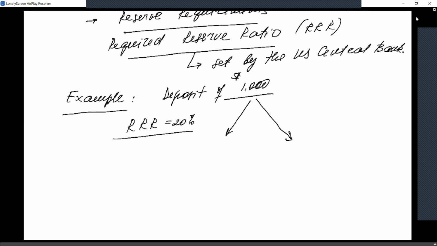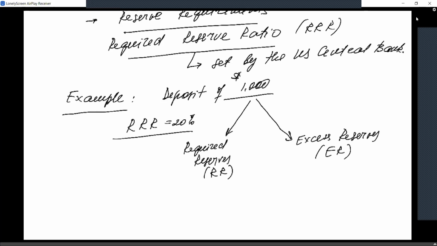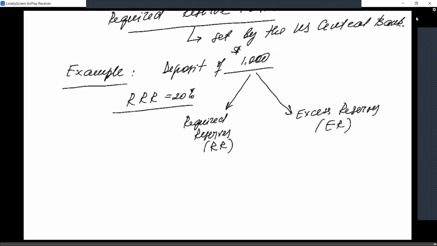into required reserves and excess reserves. We're going to call them RR, and excess reserves, ER. The entire deposit, in what proportion? Based on the required reserve ratio. So required reserves are calculated as the required reserve ratio times the deposit.